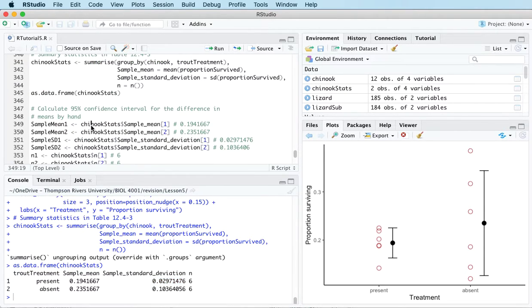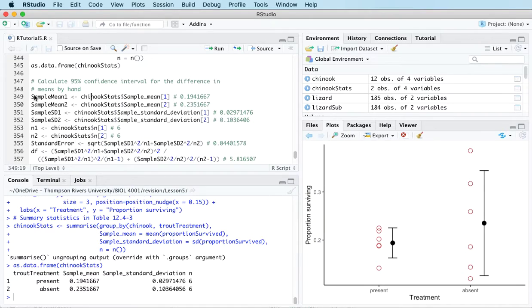To do that, we can calculate a confidence interval and do a hypothesis test just like we did before, but we're going to have to slightly alter some of the calculations. Let's quickly run through them, starting with the confidence interval.